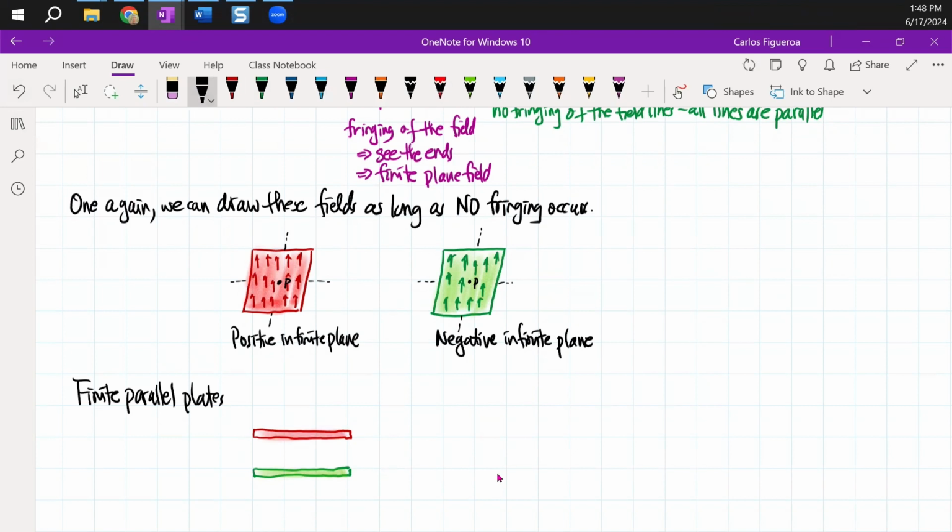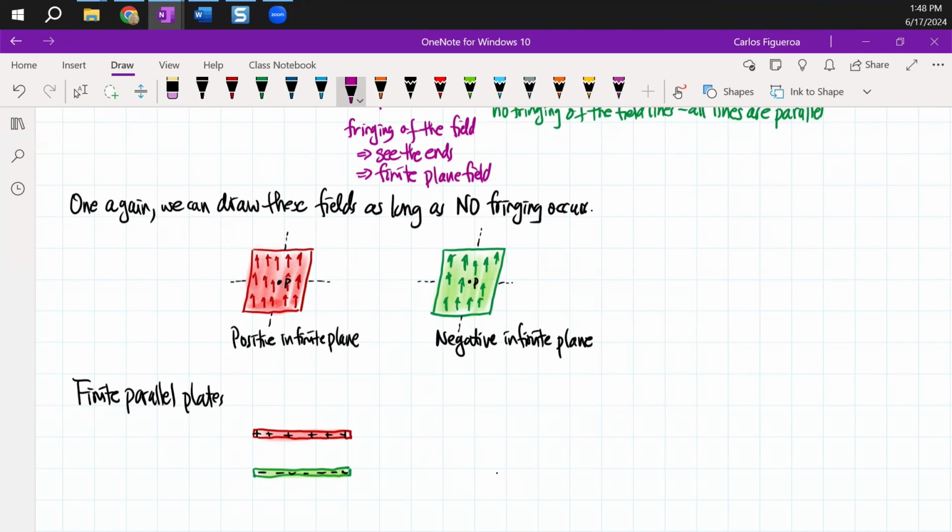So what I'm saying here is there's positive, positive, positive, positive. Then I have a negative plate here. Now note that there are two fields in between. There's the field due to the positive charge, and then there's the field due to the green charge. But I'm going to ignore those fields for right now.